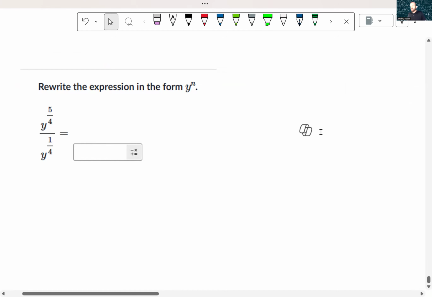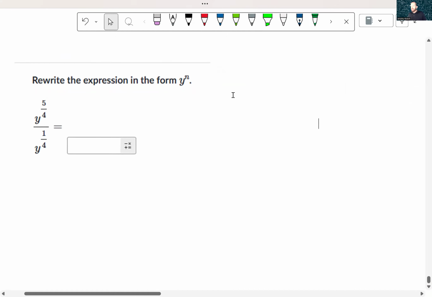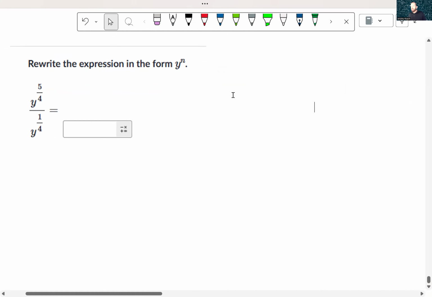So the quotient rule says if we have the same base, which is the y in this case, we can manipulate the exponents. We can move them either to the numerator or to the denominator. I'm going to show you two ways to solve this, and I'm also going to show you how those end up equaling the same thing when we solve them both ways.